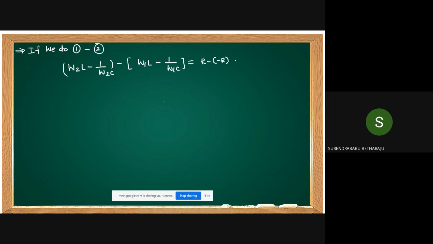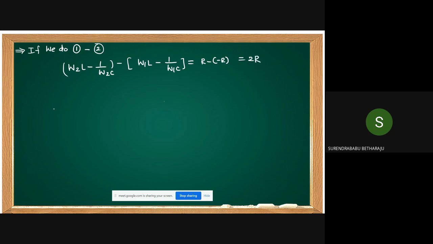I did 1 plus 2, but if you do 1 minus 2, by simplifying that, what do we get for 1 minus 2, students? 1 is omega 2 into L minus 1 by omega 2 into C, minus omega 1 into L minus 1 by omega 1 into C. If you do 1 minus 2, R minus R, we can get 2R, sir.